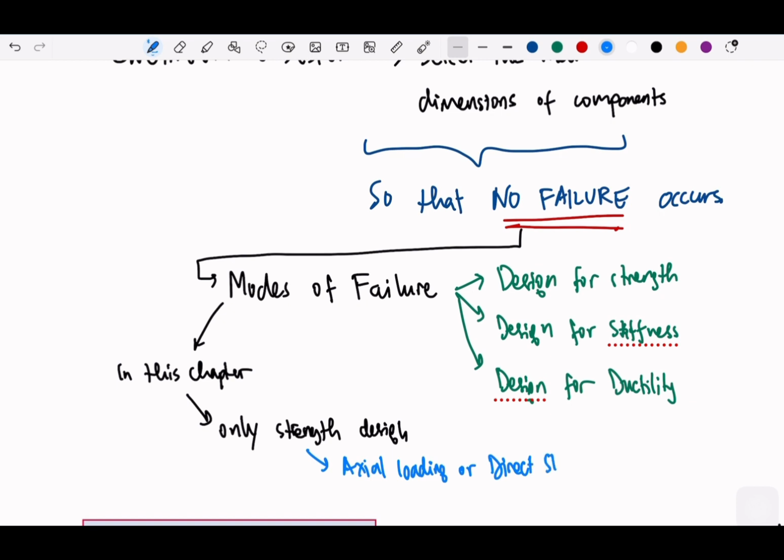So we are going to restrict our attention only to these two forces: axial loads, or axial forces, or direct shear.